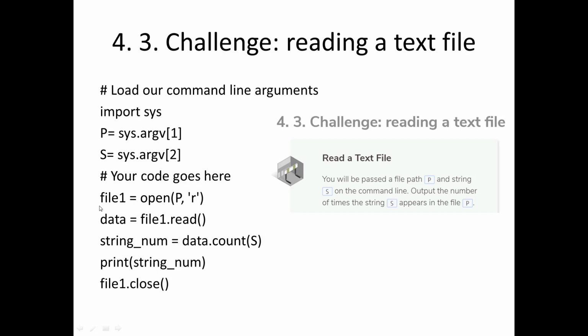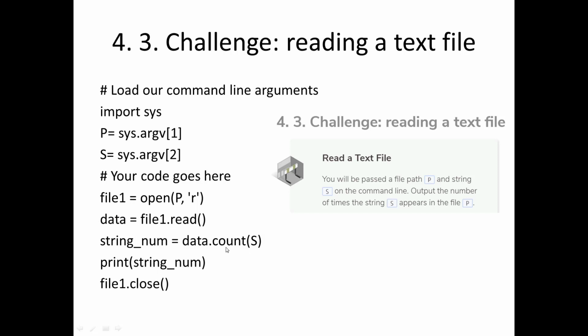So as discussed, we're going to open that file that's located in the path for reading, and we're going to get our file object here. Now we're going to use the read method of the file object to get the data that we're going to put in this variable that's called data.